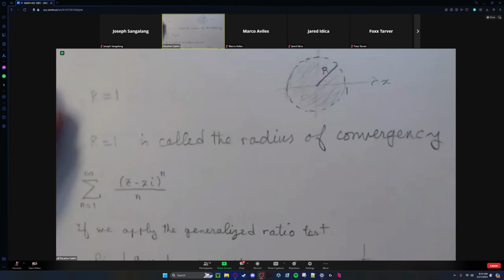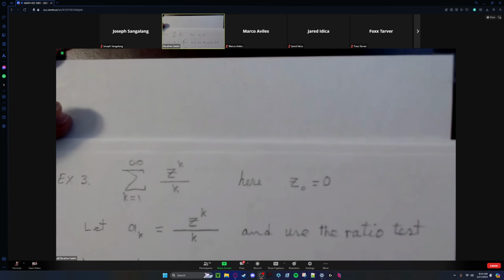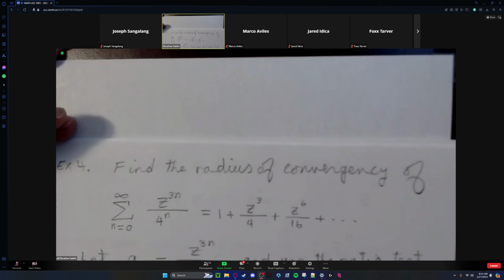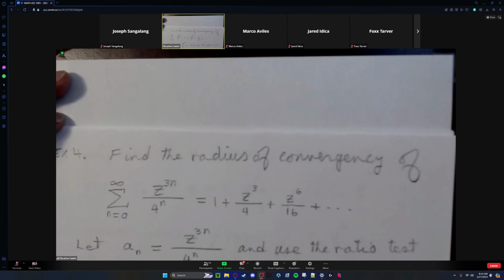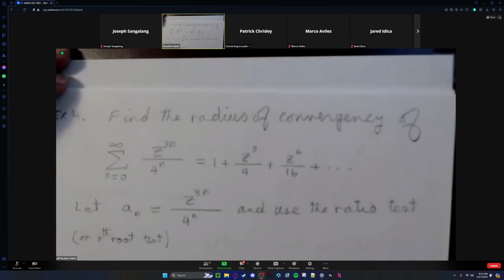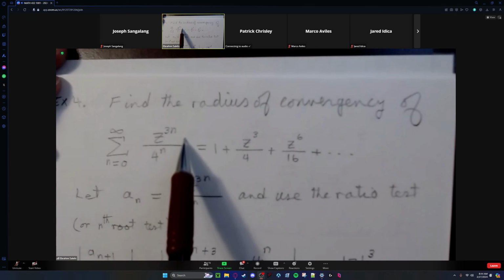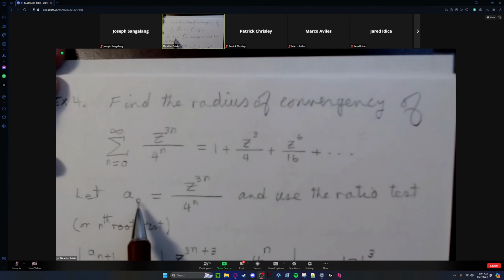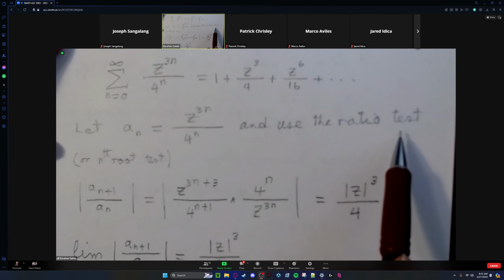All right, let's see what else I discussed last time, going step by step. Here is another example in which we wanted to find the radius of convergence, and we did. Again, we considered the generating sequence, called it a sub n, and formed the generalized ratio test.